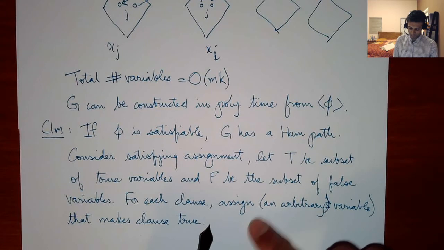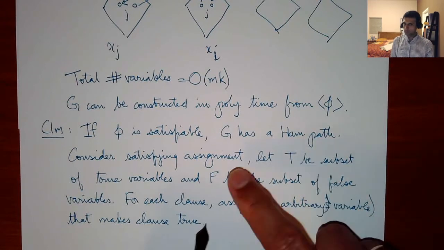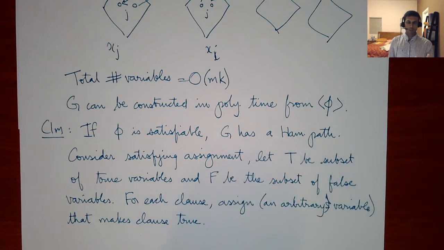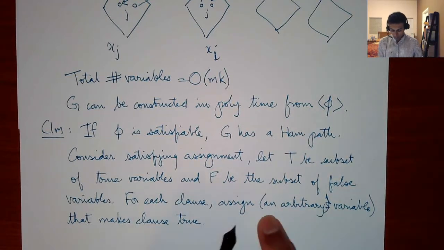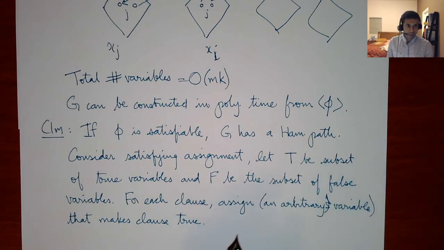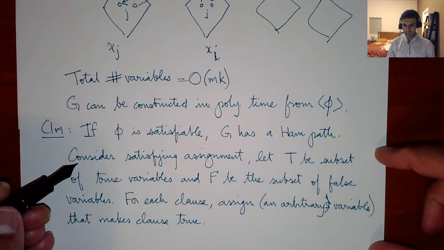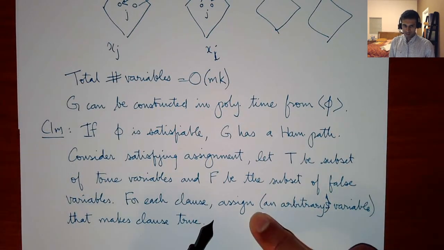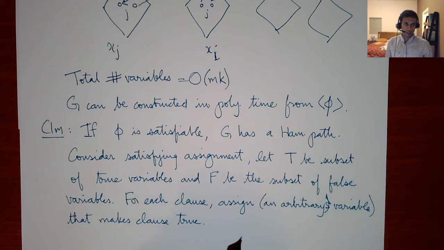Note that that could be a variable in T, or it could be a variable in F, because there could be a clause where setting something to be false makes that true. There could be multiple variables that make it true because it's an OR. Just assign one of them arbitrarily. But the fact is you can always assign something, and this is the key. Because this is a satisfying assignment, for each clause you can find a variable that makes it true. Is this clear?